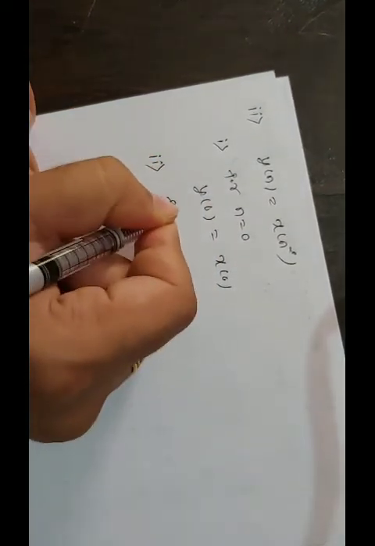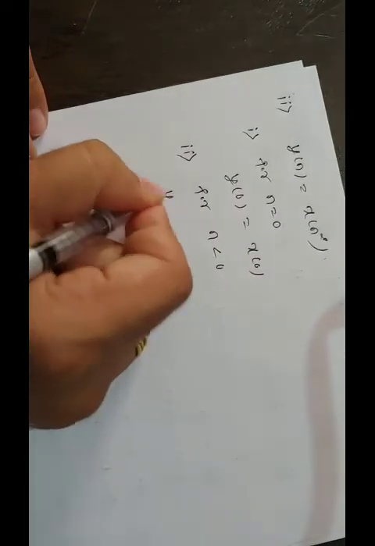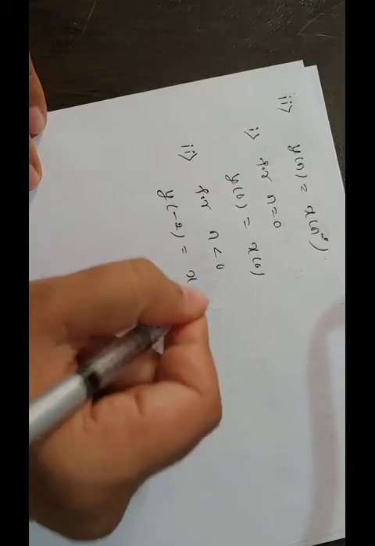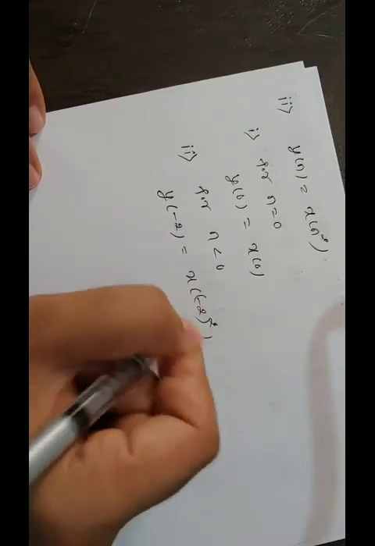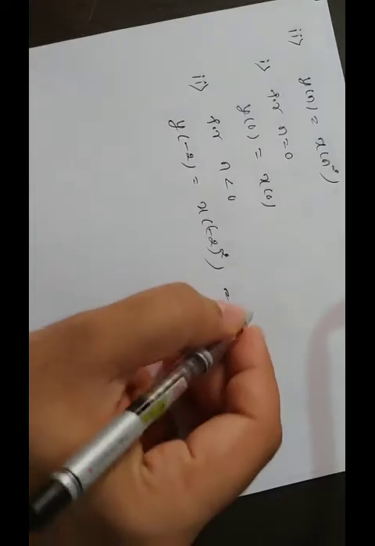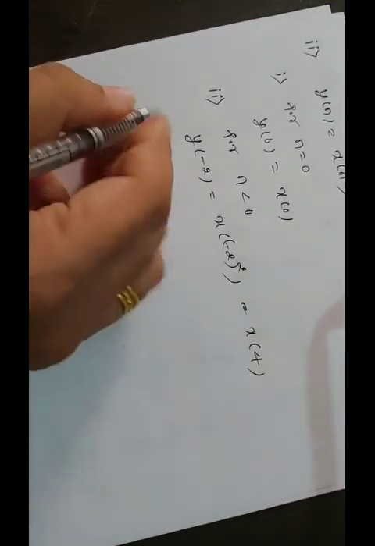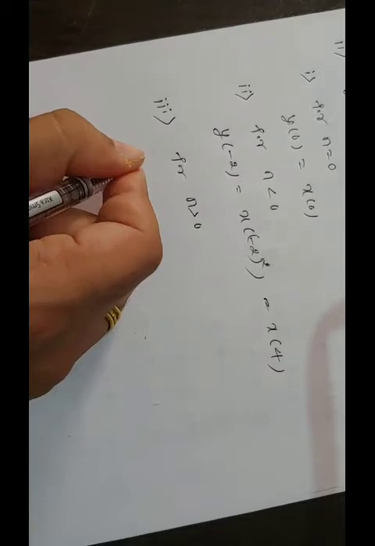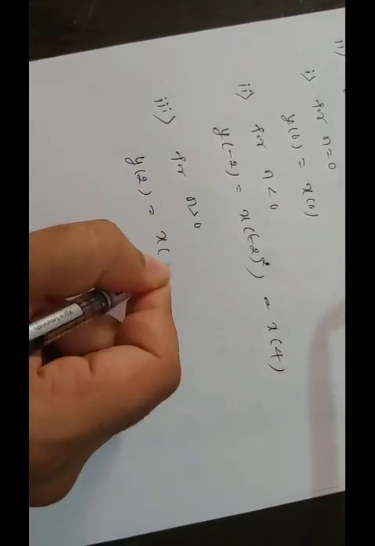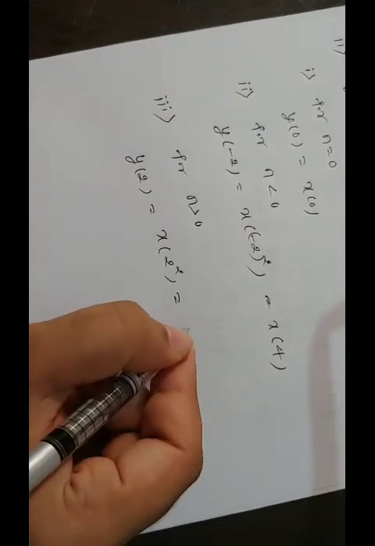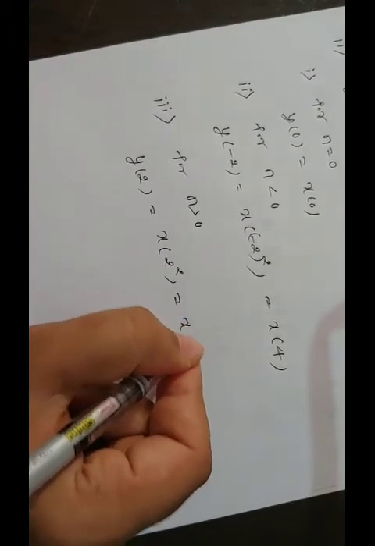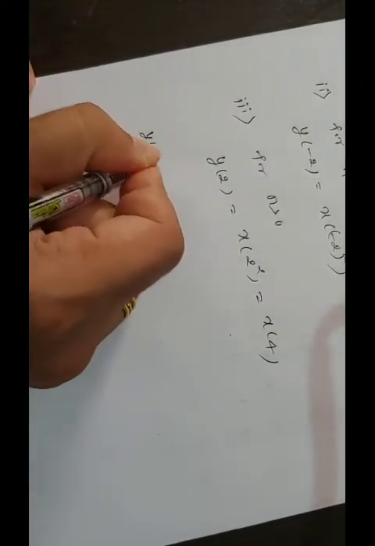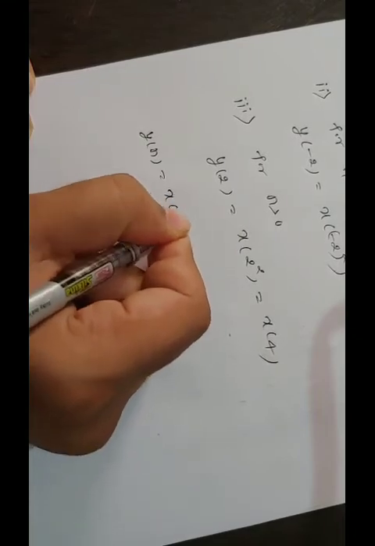Then for n less than 0, let us take y of minus 2 equal to x of minus 2 squared, which is x of 4. And third, for n greater than 0, suppose we take y of 2 equal to x of 2 squared, which is again x of 4.